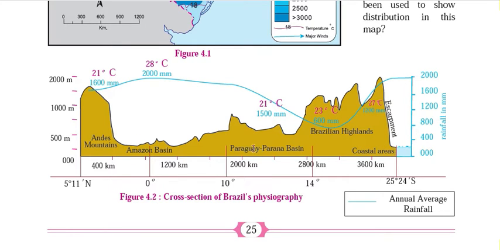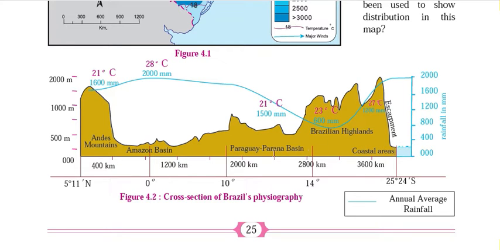Then you will find this Paraguay Parana river basin. It is somewhat like a plateau-like structure. Or we can say though it is a plain, it is somewhat elevated with respect to the Amazon basin, right? Then we have the Brazilian highland. The average height is 500 to 1000 meter, and this great escarpment has an average height of 790 meters, and then this coastal region, a very narrow strip of coastal region, but very densely populated, right?